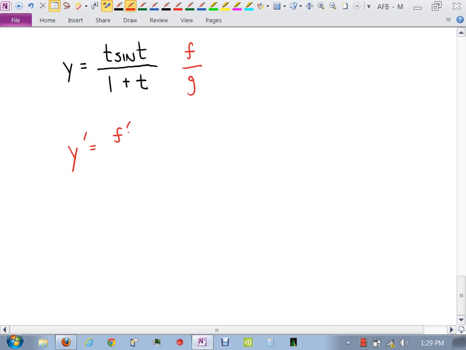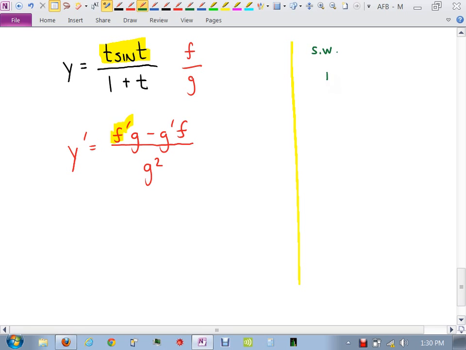Yeah, see, the problem with this is when we set up our quotient rule, the f prime right there is the derivative of this thing, right? And that's not a sum, it's a product. So we actually have to figure out that f prime by doing a little product rule on the side. So here's some little scratch work for me.